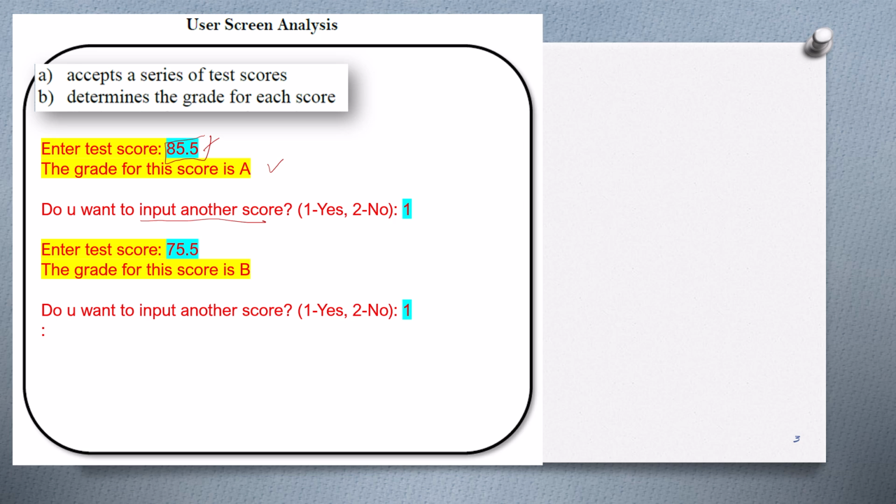If not, in this case 2, but in my program later on I just use 1 for no. And if the user decides to proceed, you can see here the user entered 1, then another cycle accepting the user input is displayed. So this will go on repeatedly.